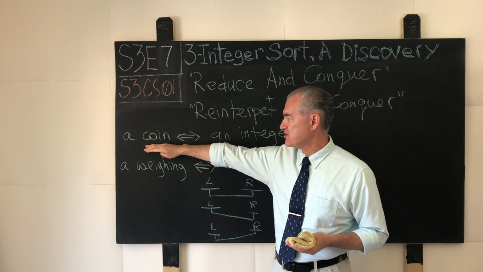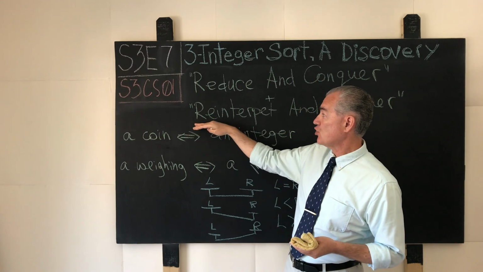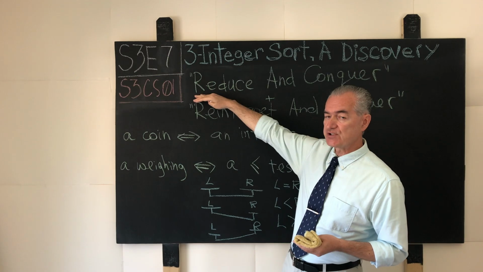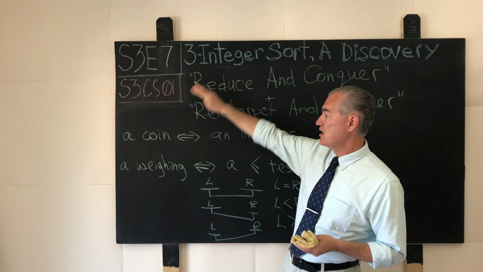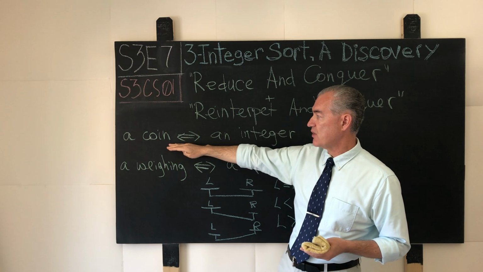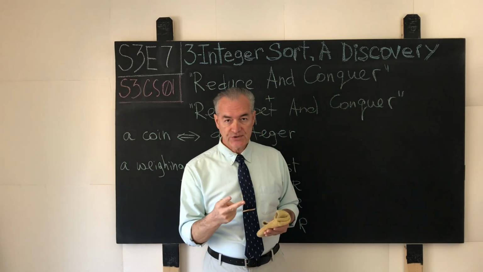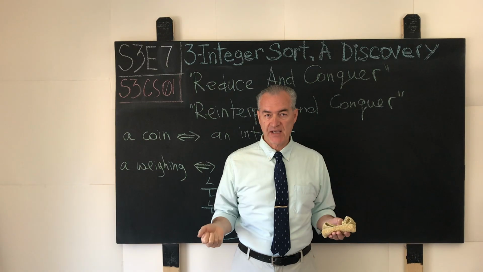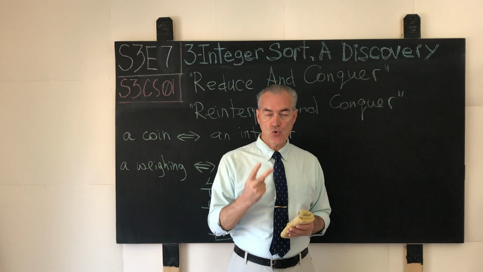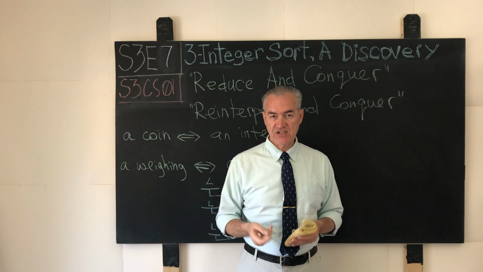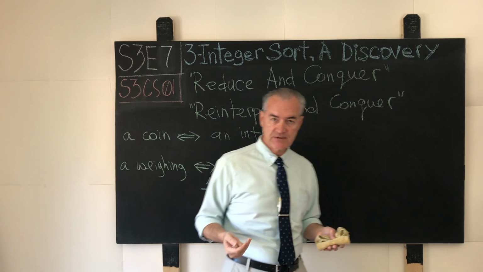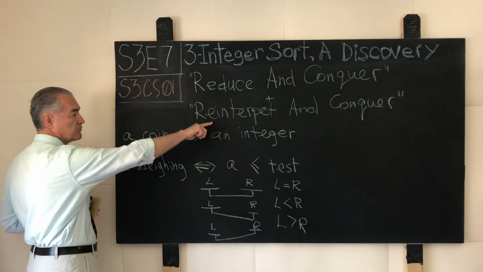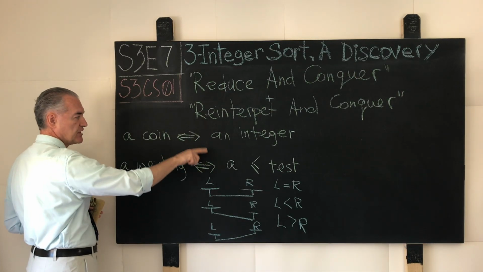So here the question is, by reinterpreting the faithfully reduced-in-size original problem, we pose the following question. Given two coins and one properly functioning set of pan scales, how can we sort two coins by mass in the smallest number of weighings? And why is that? Because in this reinterpretation we need to establish a correlation, or a mapping.